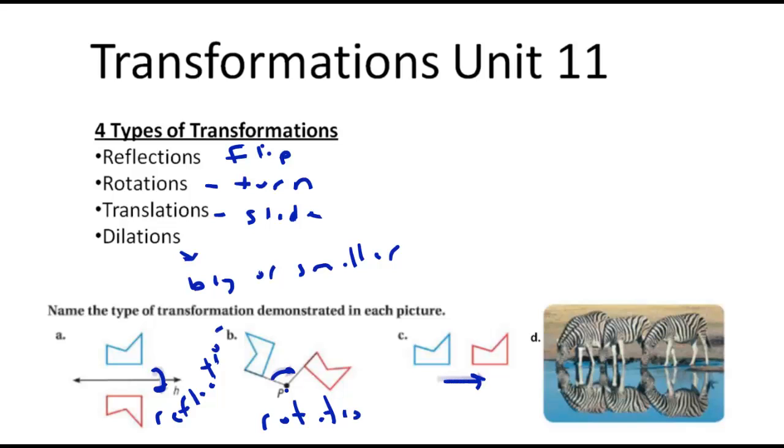On C, we took it and we slid it, so that makes it a translation. And then this very last one, well, hey, that's almost like looking in a mirror. That is a reflection. So again, A was a reflection, B was a rotation, C was a translation, and D was a reflection. I need a lot more practice writing with these pens.